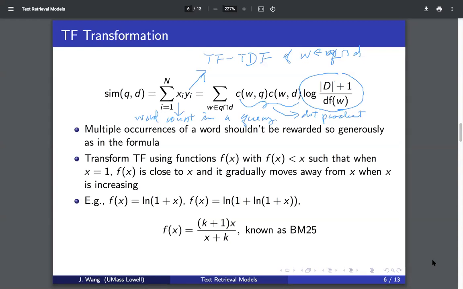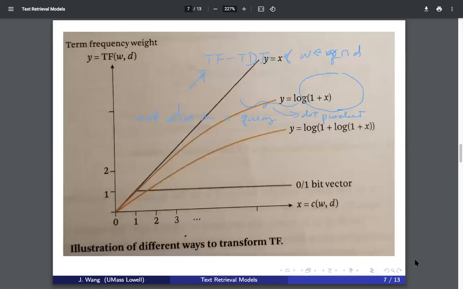So what we really want is a picture like this. This is a term frequency, and we transform this term frequency, so we want something that gradually moves away from this.